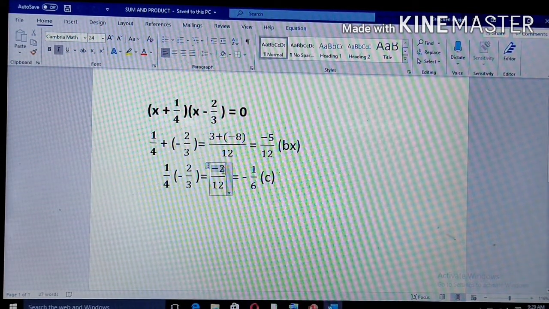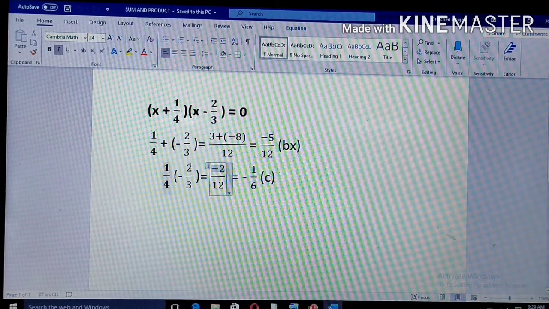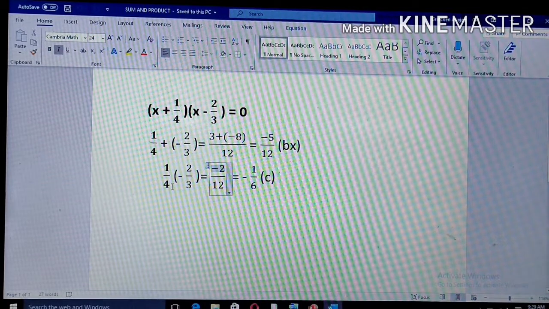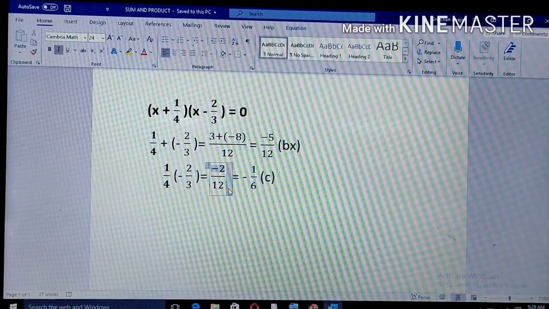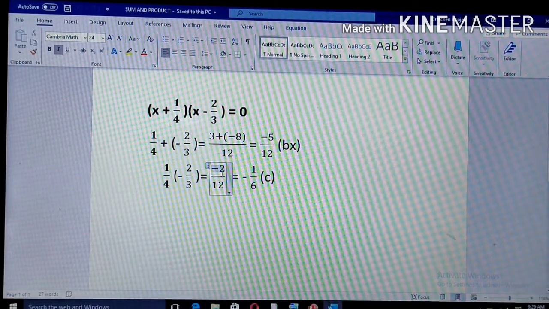The next is we are going to find the product of 1/4 and negative 2/3. So, 1/4 times the quantity of negative 2/3 is equal to, multiply the numerators and the denominators. 1 times negative 2 is negative 2. Then, 4 times 3 is positive 12. So, negative 2 over 12.